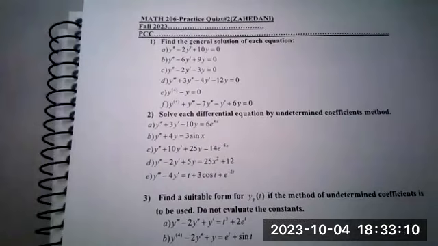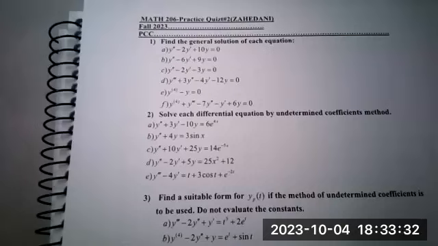Then you have to come back and find the YP. In order to get the YP, we introduced 2 different methods: the method of undetermined coefficients and the method of variation of parameters. In this case, you have to follow the instruction.